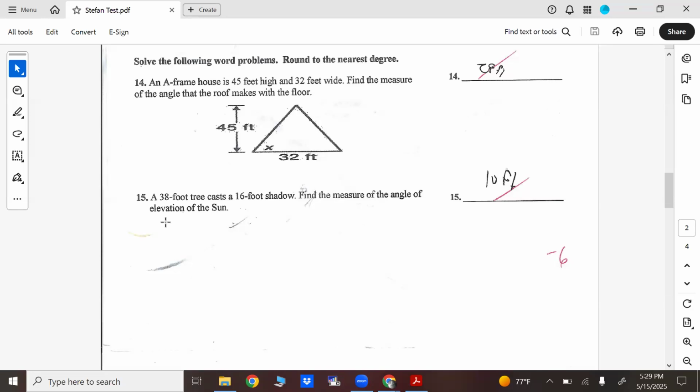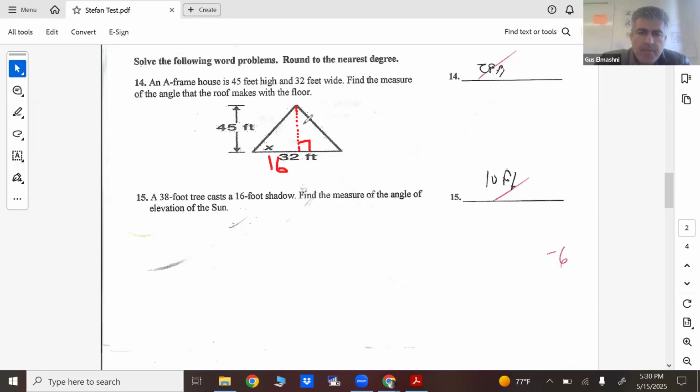All right, so 14. Okay, 14. The roof makes it okay. So that's 16 obviously right here, and that's 45 right here. So you can do a tangent again.